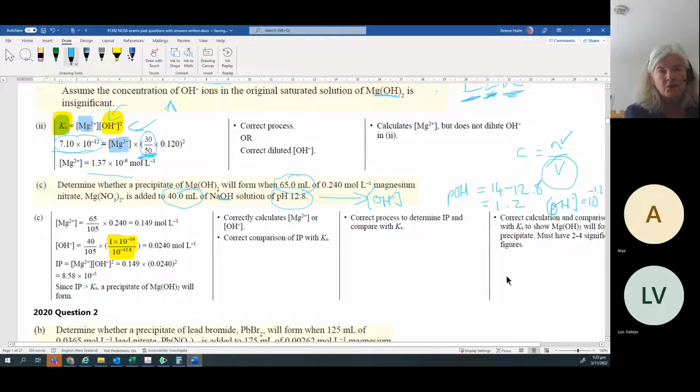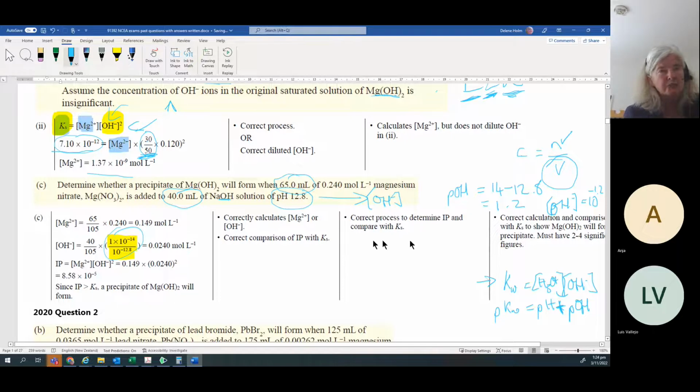You are given the equation Kw is equal to H3O plus times OH minus, or pKw is equal to pH plus pOH. I think that one is given, and that's what they've used over here.